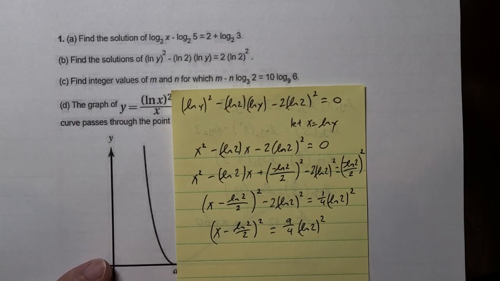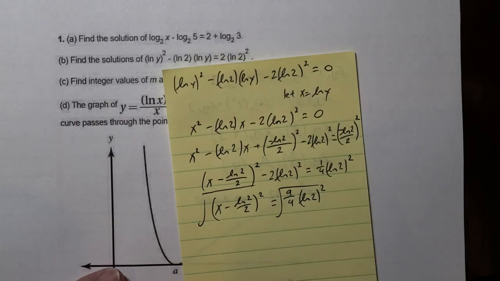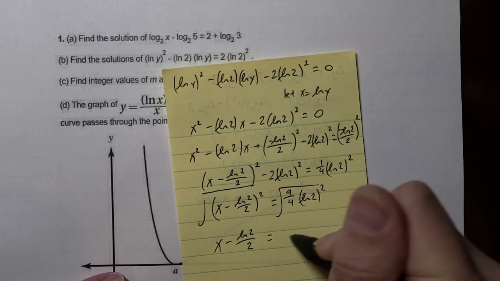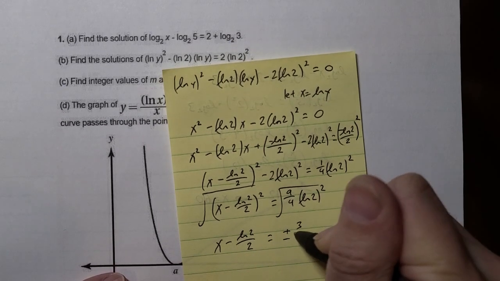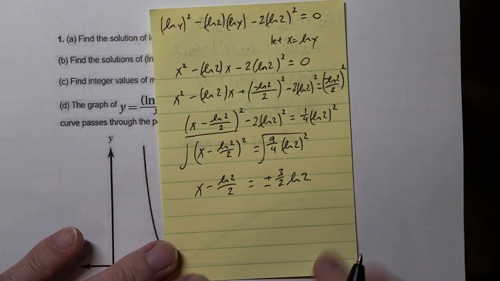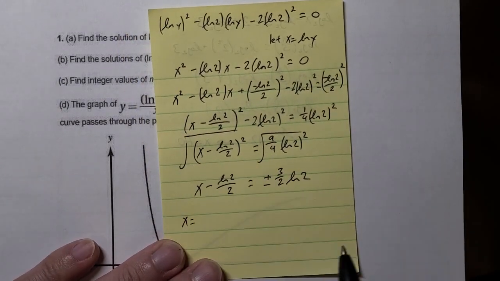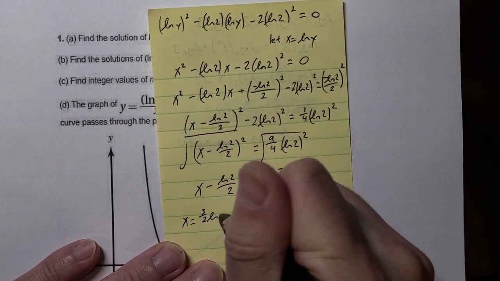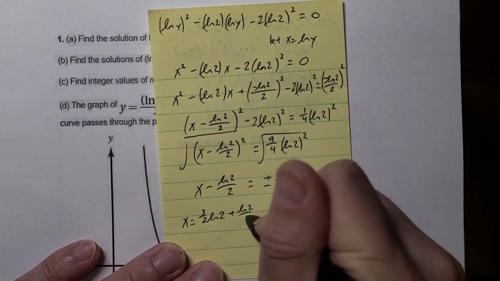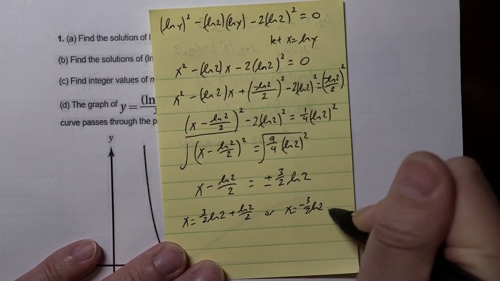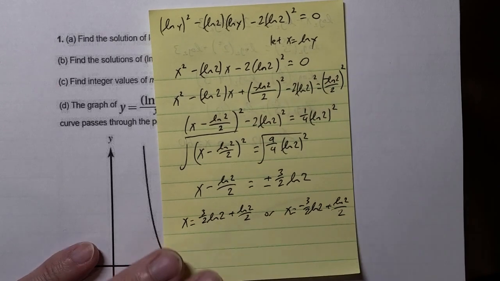Now we square root both sides. So we get x minus ln 2 over 2 is equal to plus or minus 3 over 2 ln 2. Okay, so now we say x is, we just move this ln 2 over 2 to the other side, so it'll be 3 over 2 ln 2 plus ln 2 over 2, or x is equal to negative 3 over 2 ln 2 plus ln 2 over 2.